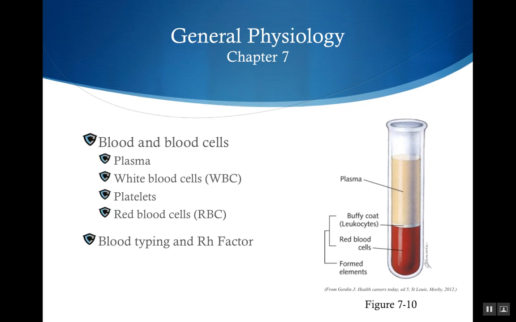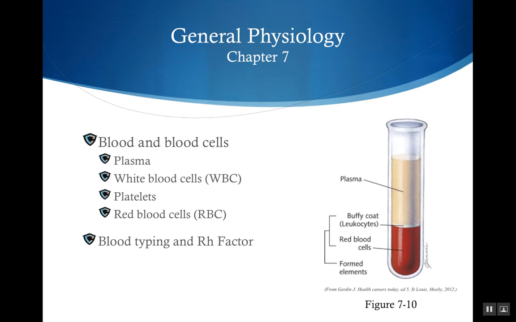And so in order to prevent this, mothers that have Rh positive babies are given an injection of anti-Rh gamma globulin, which prevents the formation of those antibodies.